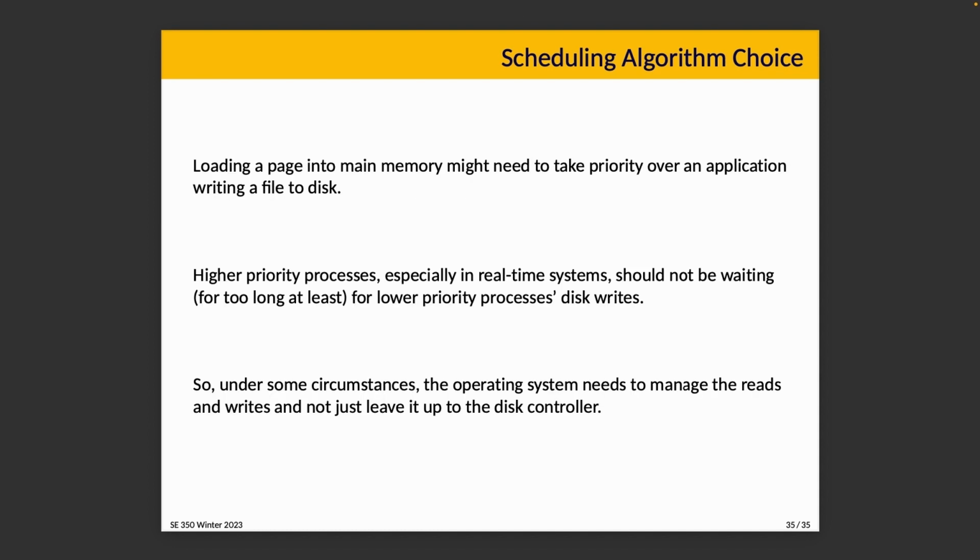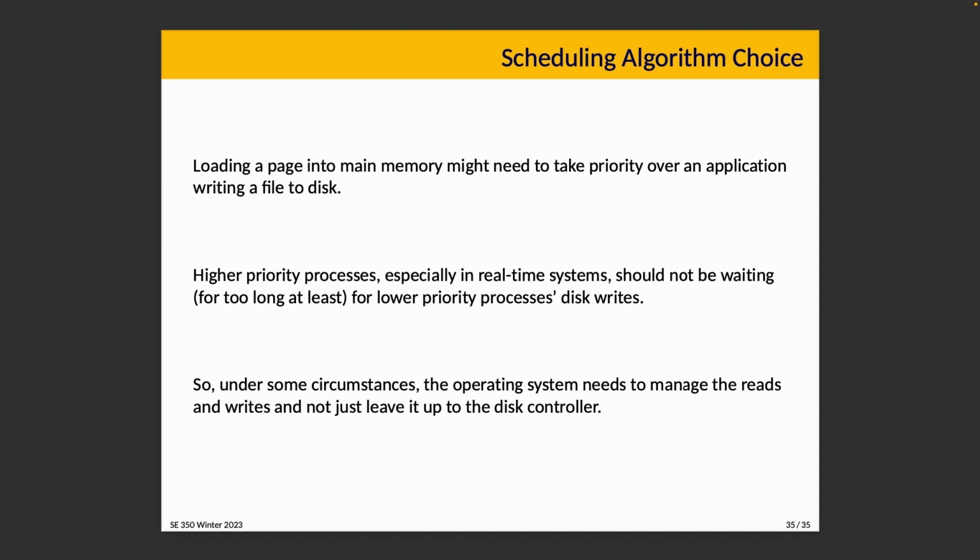Loading a page into main memory might take priority over an application writing a file to disk, right? Loading the page into memory unblocks a program. It allows it to continue executing and makes the user happy. Writing something out to disk, like a log file, is an asynchronous write, and it's not that important that it occurs immediately.